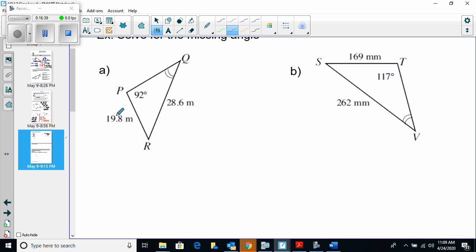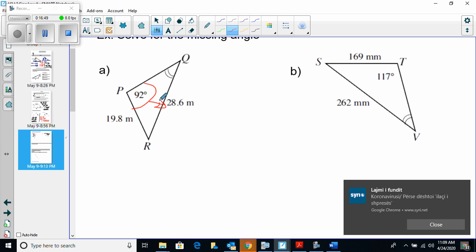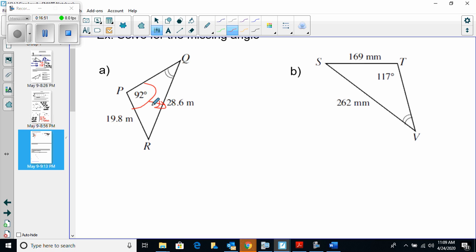In triangle PQR, angle P is 92 degrees, and the opposite side of angle P is lowercase p, 28.6 meters, and we are looking for angle Q. The opposite side of angle Q is given as q, 19.8 meters.